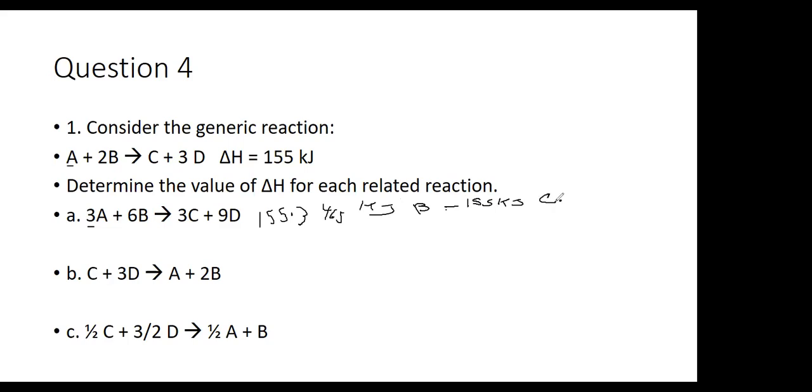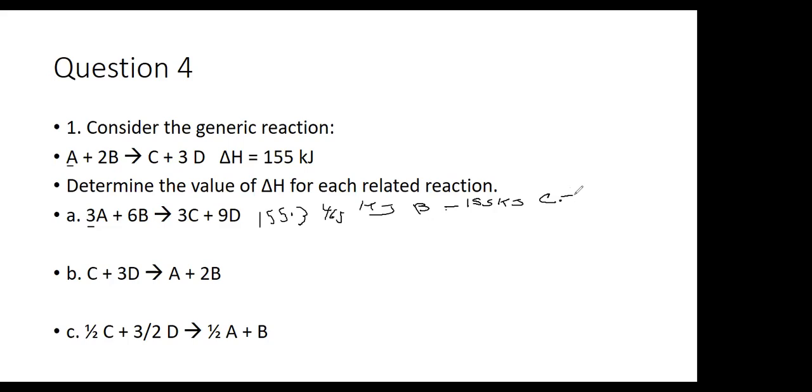For C, we flip the sign and everything has been reduced by 1/2. So A went to 1/2 A, 2B went to B. So for C, it becomes negative because we reverse the products and the reactants.